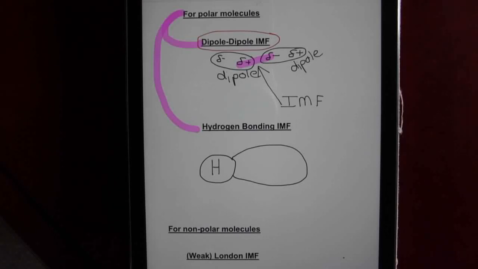Hydrogen is firstly special because it's only got one electron, so it can only share one electron with another atom's electron. The other atoms are only N, O, and F. These atoms are special because they are small, number one, and they have a very high electronegativity. The small part means that they only have one energy level between the outside electrons and the nucleus.